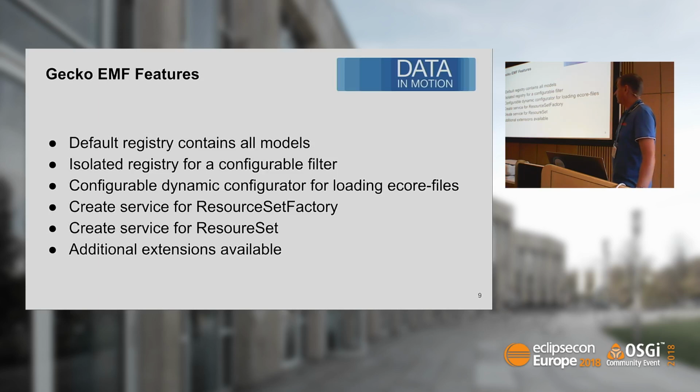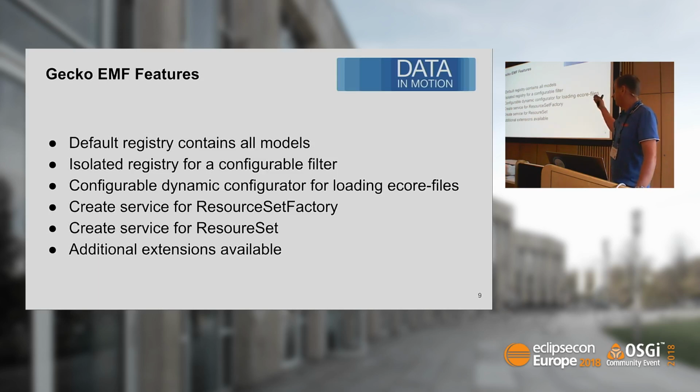We have a configurable dynamic configurator for loading just Ecore files. It's also using the config admin and the configurator, and you just can say, I have an Ecore file in this bundle with this version in this path, and then the Ecore file is loaded, and as a result you get an EPackage from it, and this package is then registered automatically.